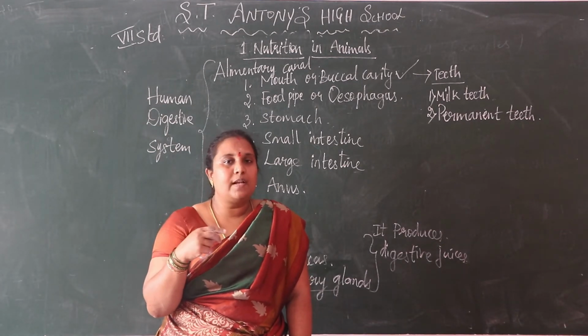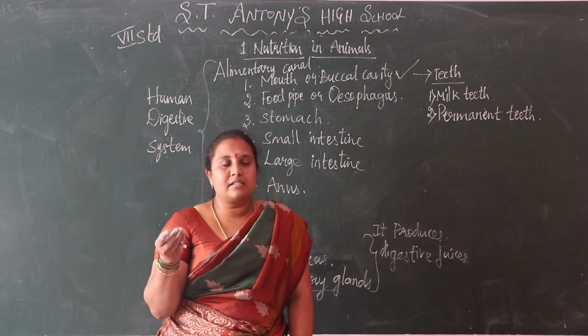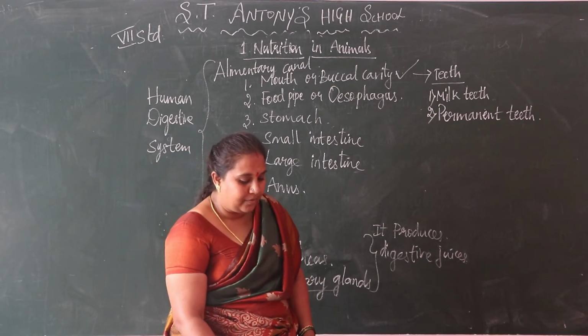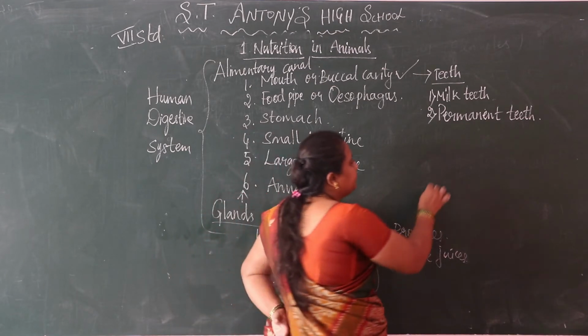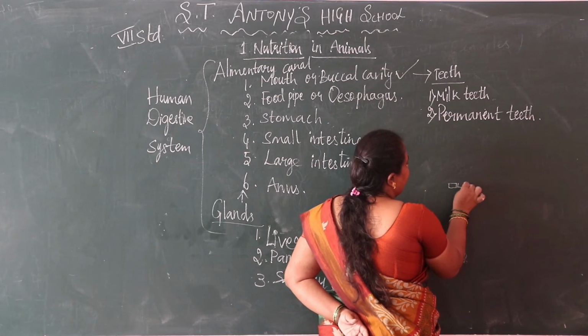After growing up, adults have 16 plus 16 teeth. First, four teeth.